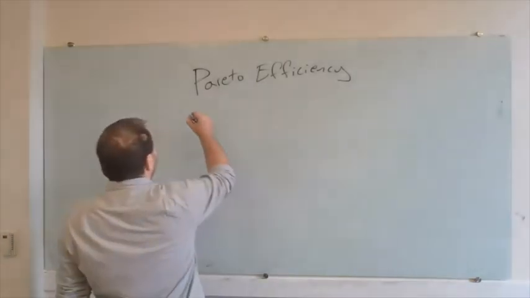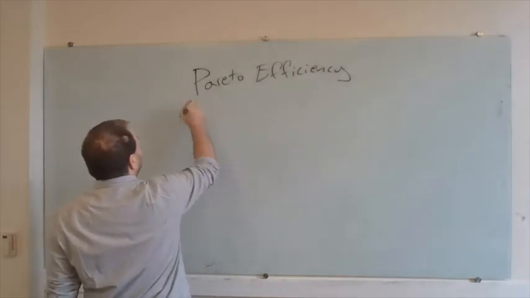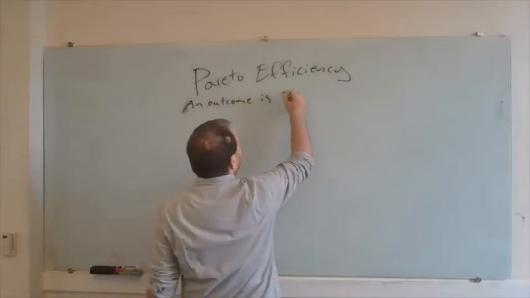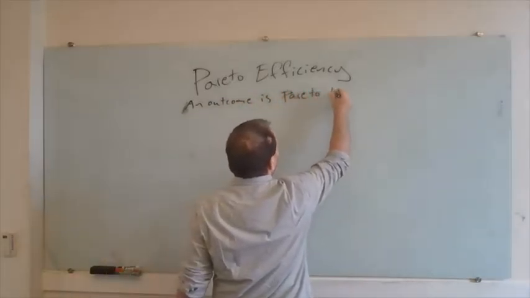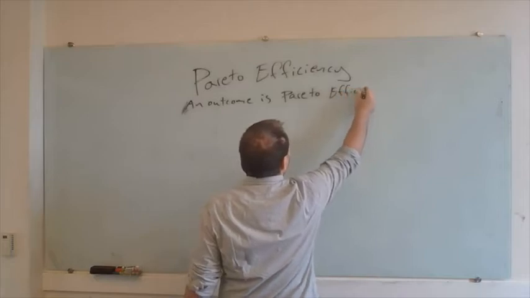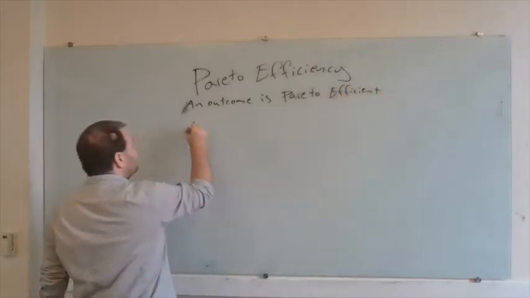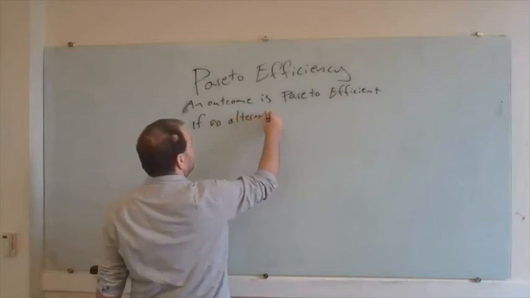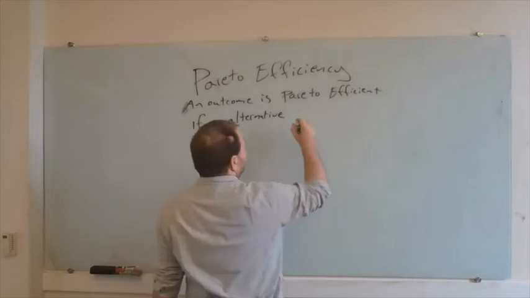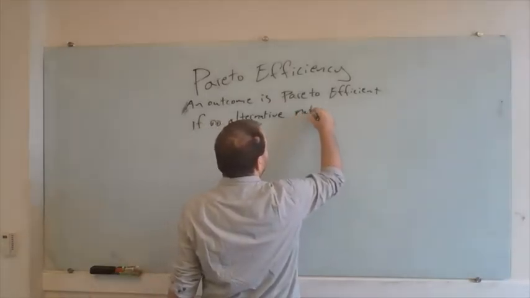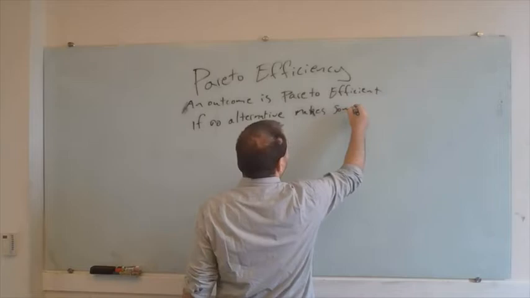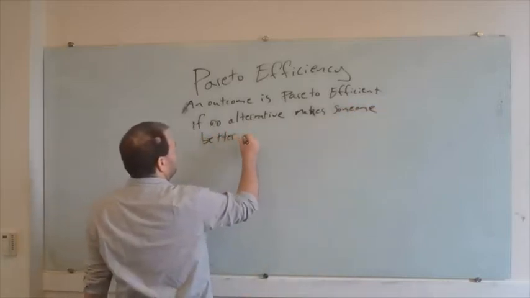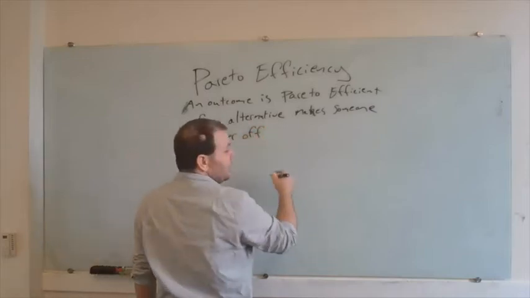So we'll say an outcome is Pareto efficient if no alternative makes someone better off without making someone else worse off.